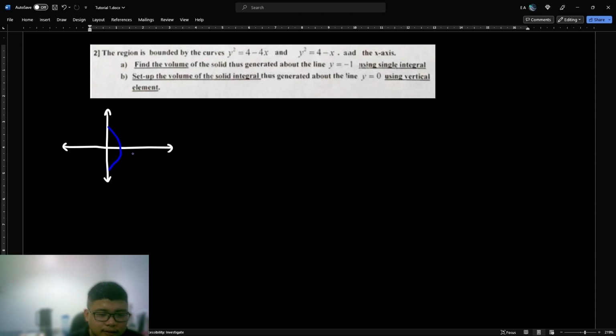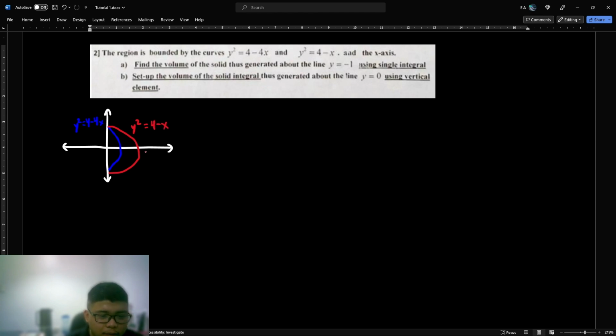This is the graph of y squared equals 4 minus 4x. Let's use a red marker for the other one. The drawings are not drawn to scale, so the red one is y squared equals 4 minus x.